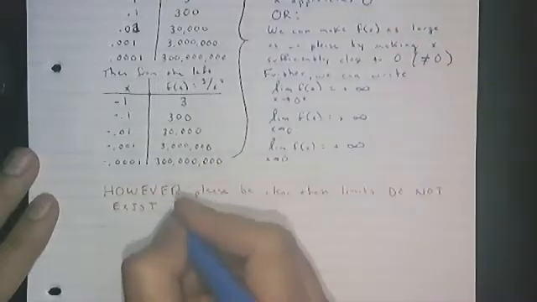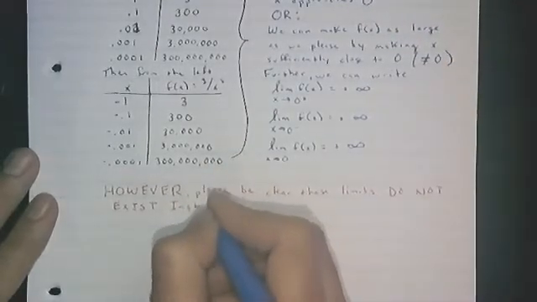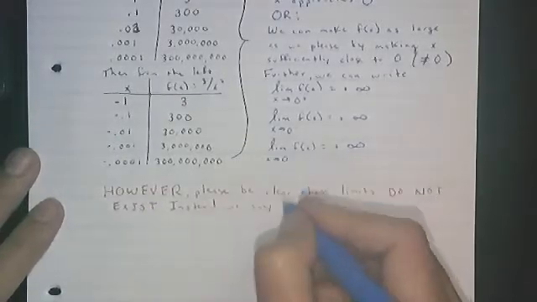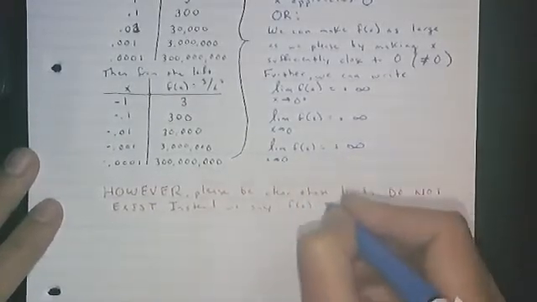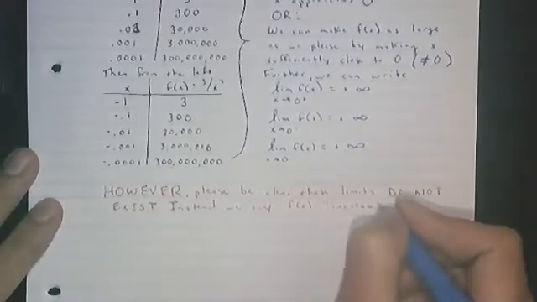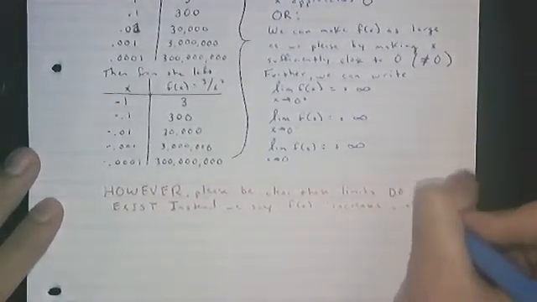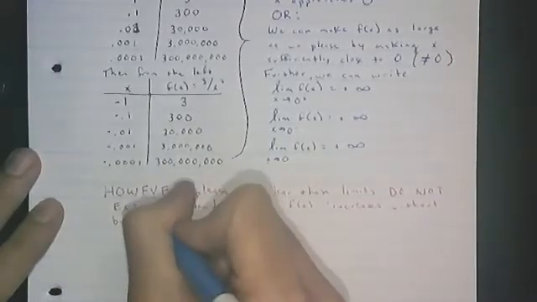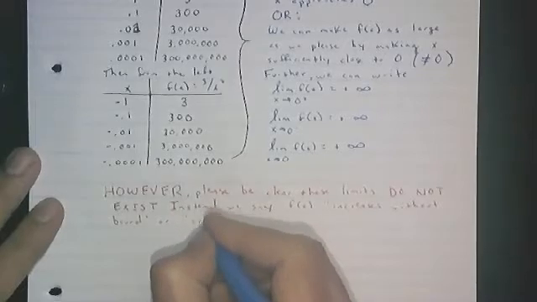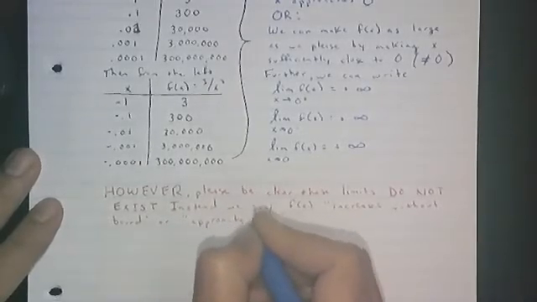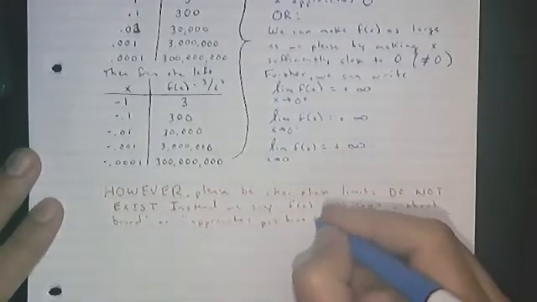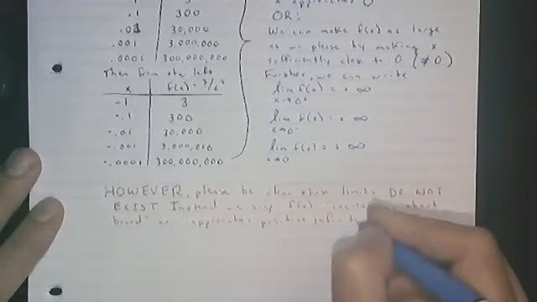Instead, we borrow this language and say f of x increases without bound, or it's appropriate to say approaches positive infinity, as x approaches 0.